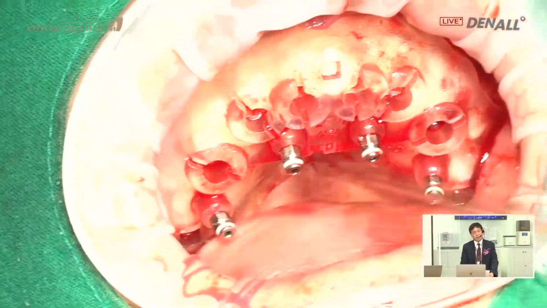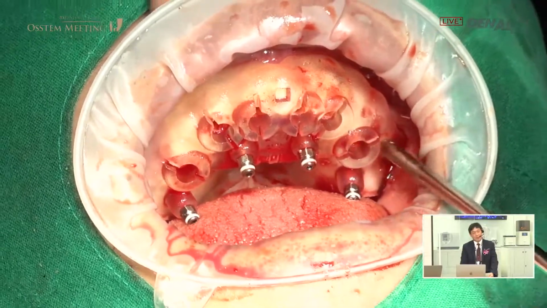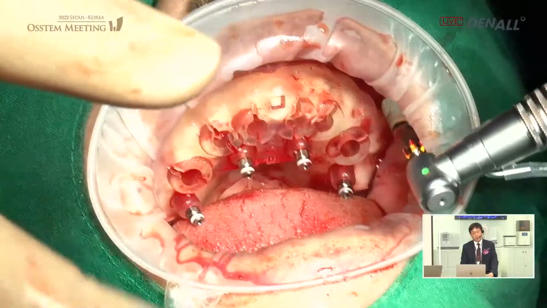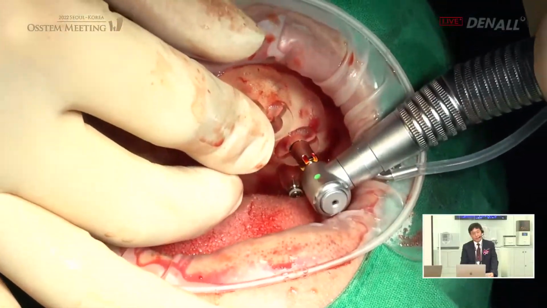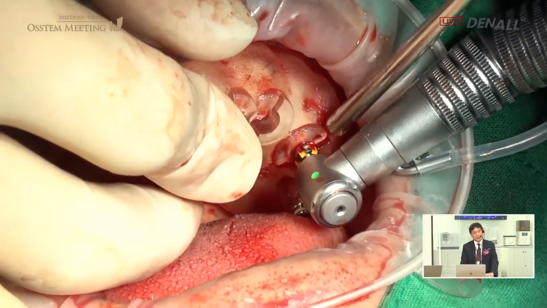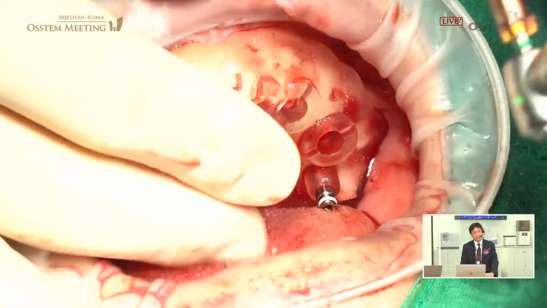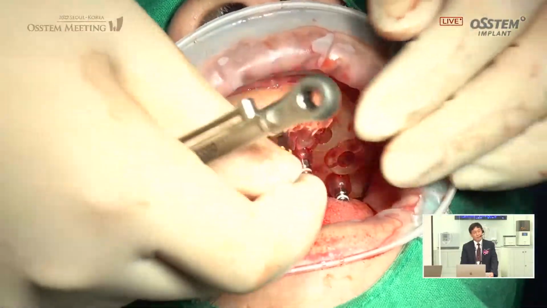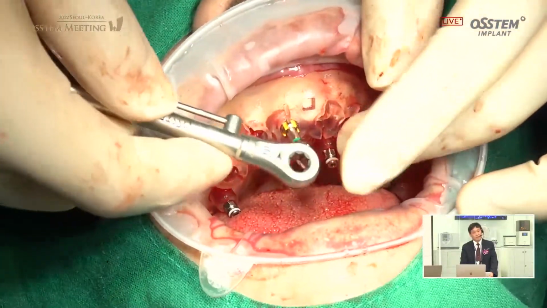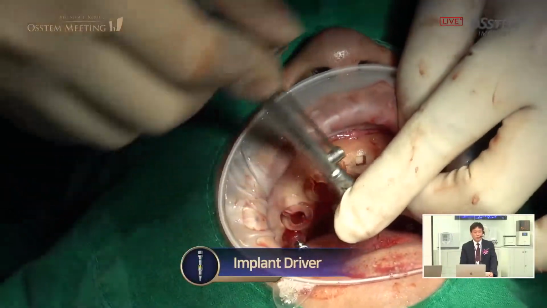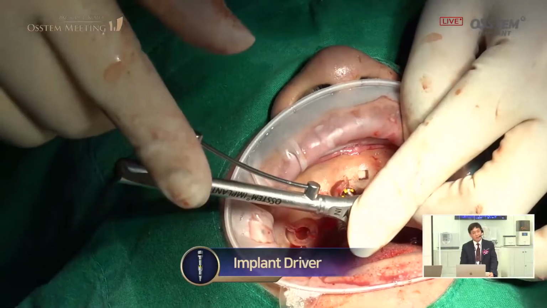Engine is used by about 80%. In number 25, 4.5 by 10 millimeter is being placed. I wish I can get primary stability, but it doesn't look easy. In the anterior area, it's 30 Newton centimeter.